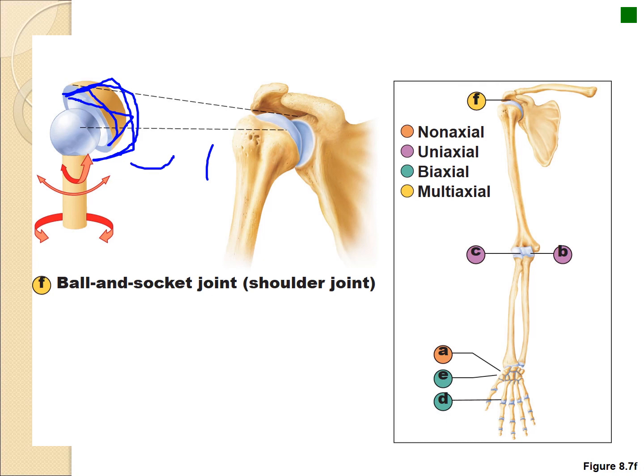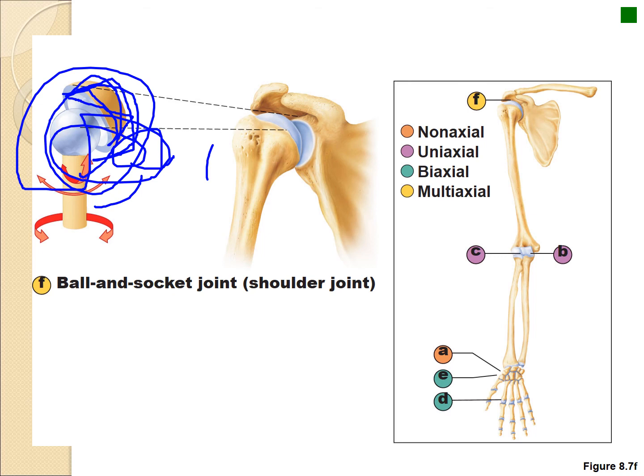And this movement is not going to just be rocking back and forth. It could be actual twisting in there. So this is going to allow multi-plane movement. The shoulder joint is an example, and the hip joint is a classic example of this. So these are the joints, guys. The major ones that we need to know, we will discuss in class, and basically you'll practice in class for the test and for the practical.